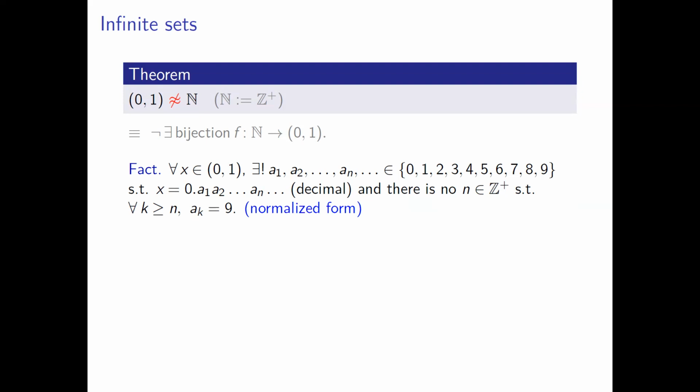A decimal satisfying this property is said to be in normalized form.